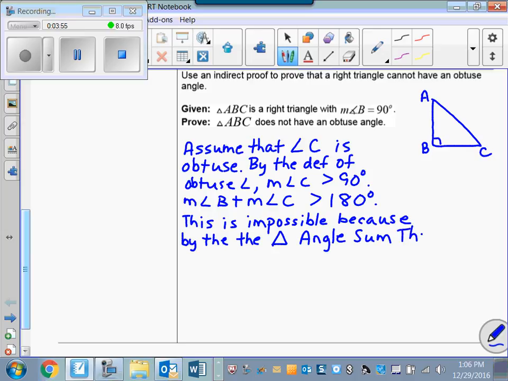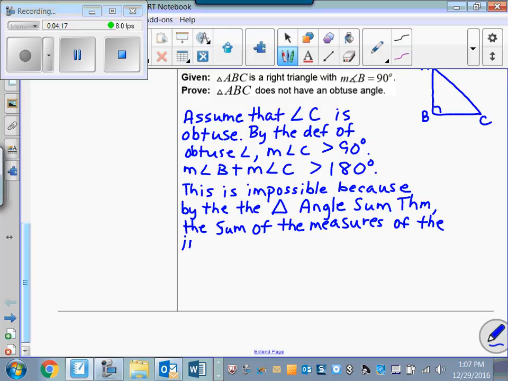What does the triangle angle sum theorem tell me? The sum of the measures of the interior angles of a triangle is 180 degrees.